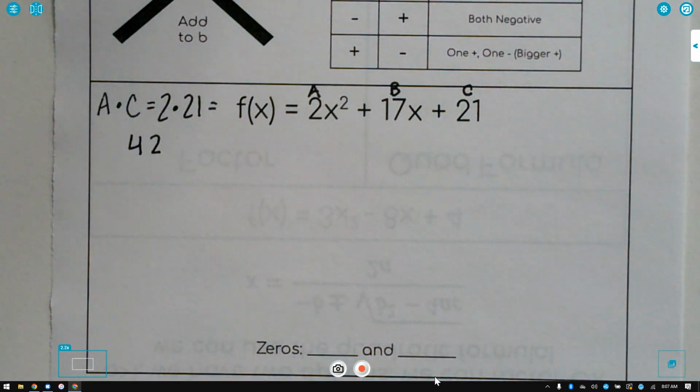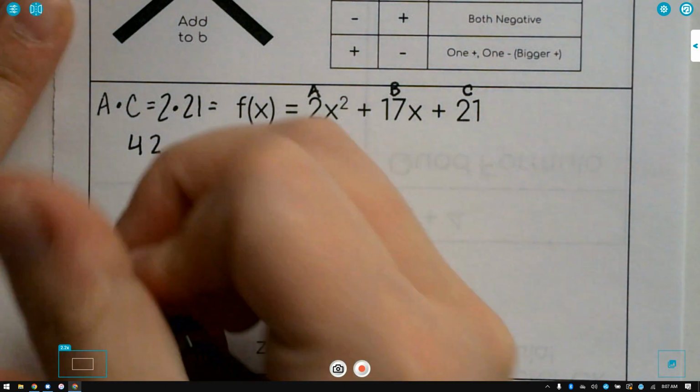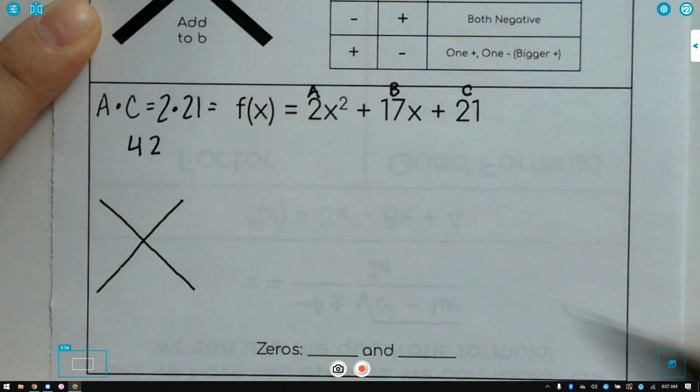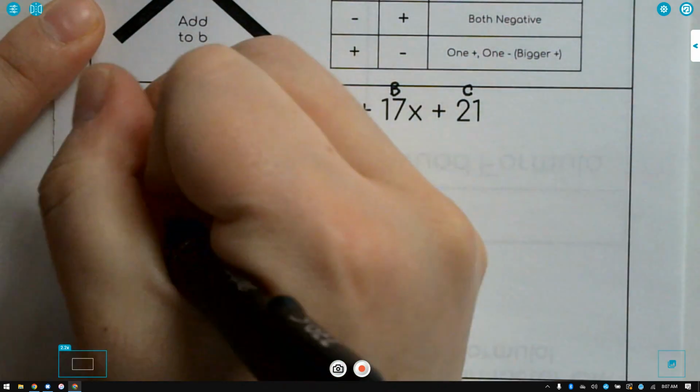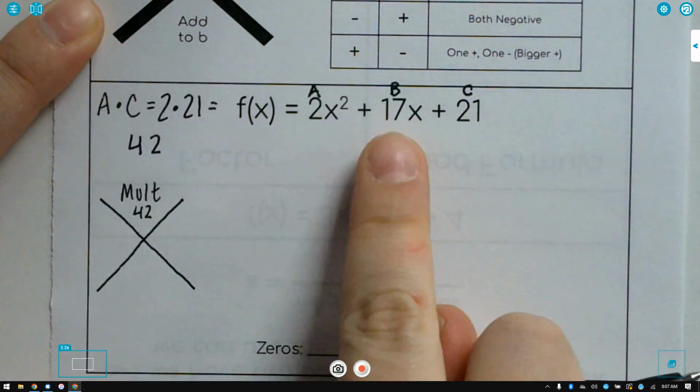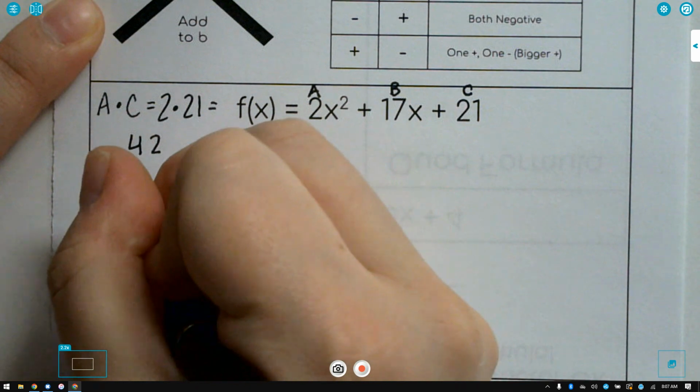So I'm multiplying together my a and c value. We need to find two numbers that multiply together to be 42, and they need to add together to be 17.